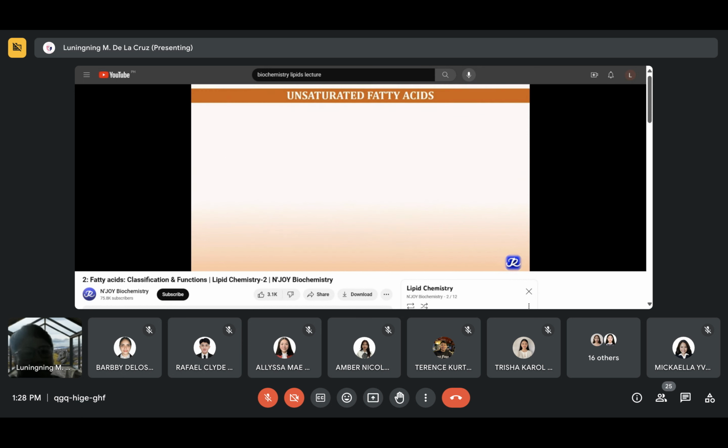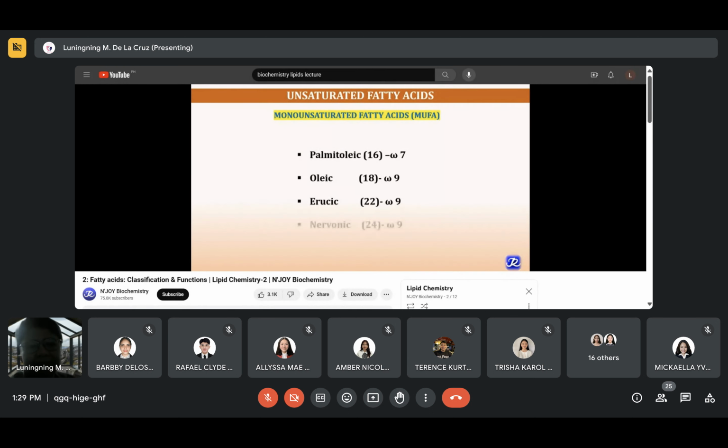Now let's see the examples and sources of unsaturated fatty acids. There are two types of unsaturated fatty acids. Monounsaturated, that is MUFA, which contains one double bond, and polyunsaturated, PUFA, which contains more than one double bond. The examples are palmitoleic, oleic, erucic, and nervonic acid.